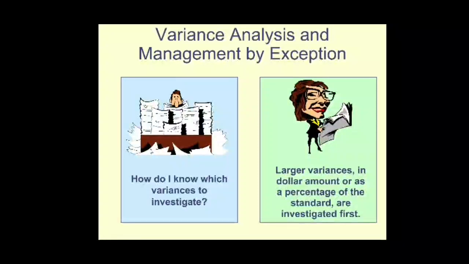Variances always happen. If the variance is small, it is not a problem. But if the variance is large, in terms of dollars or percentage, then you, as an owner of a business or a manager, have to investigate and make corrections or improvements.